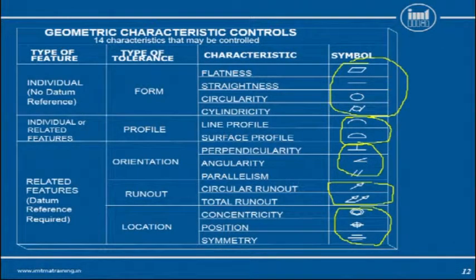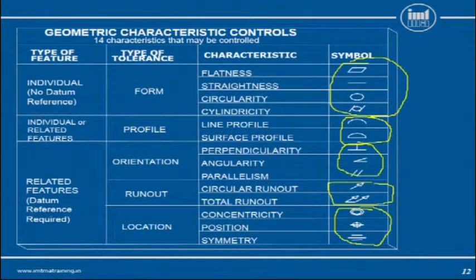What about the group coming under profile? In the first column it is mentioned as applicable to either individual features or related features. What's the meaning? Profile controls can be applied with datums or without datums.